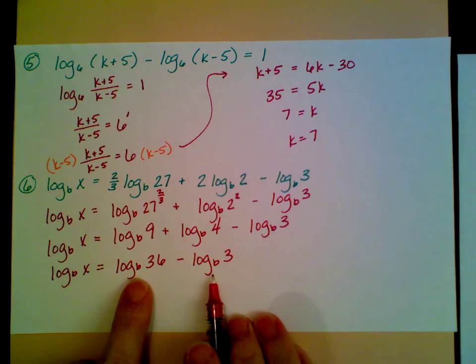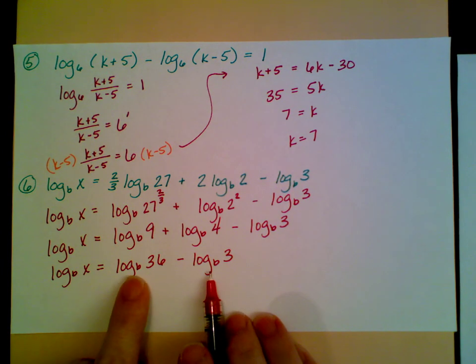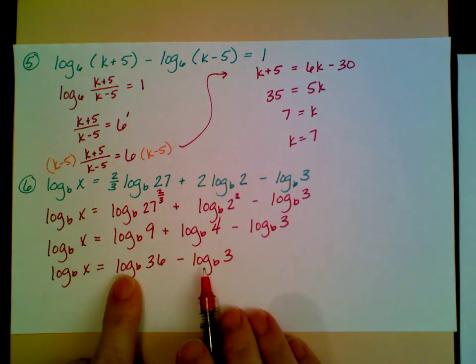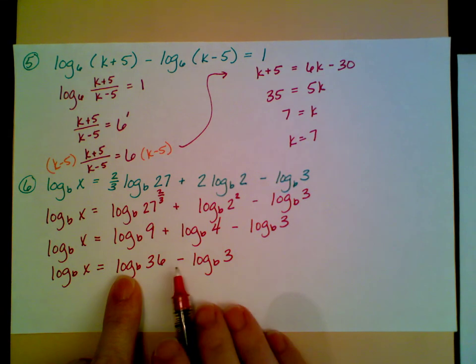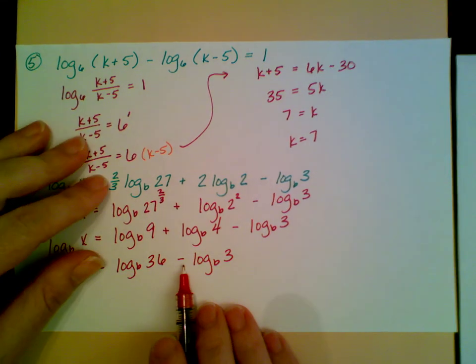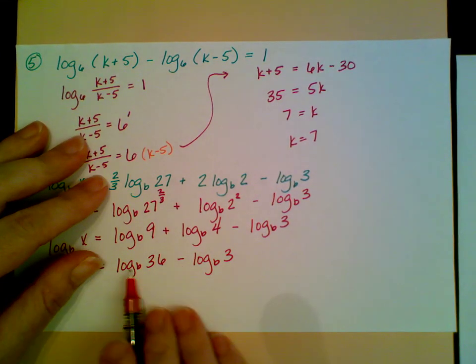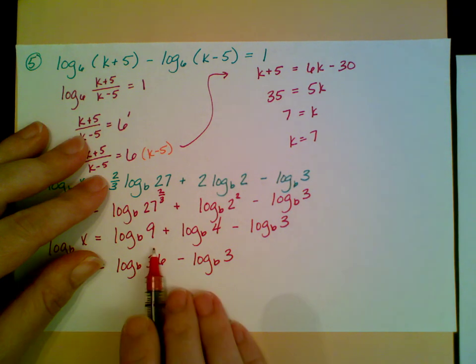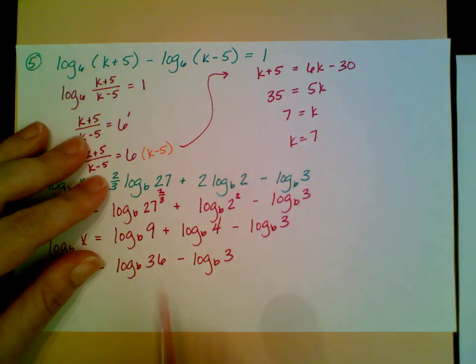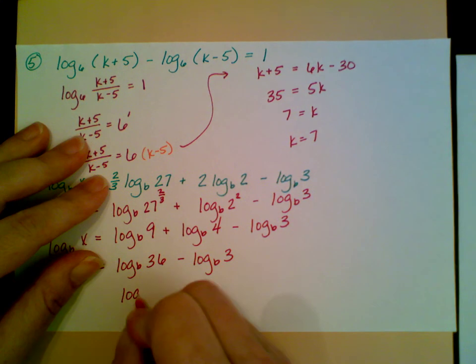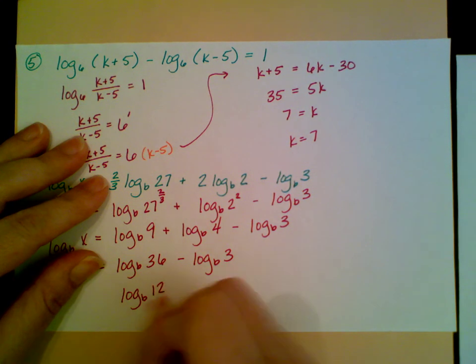And now finally, I've got subtraction between these two logs. And subtraction between two logs can be written as division in the input of a single log. So it's log base b of 36 divided by 3. And of course, 36 divided by 3 is 12.